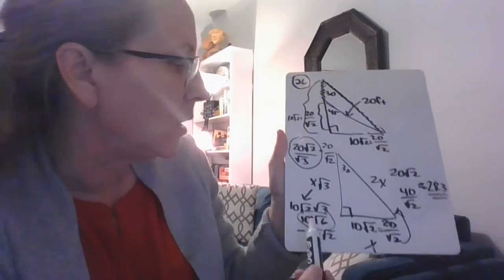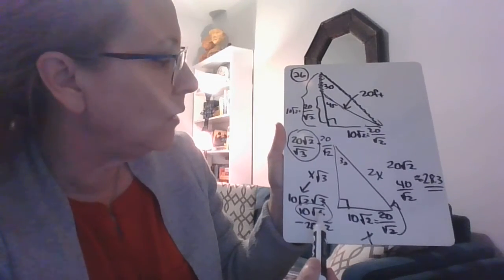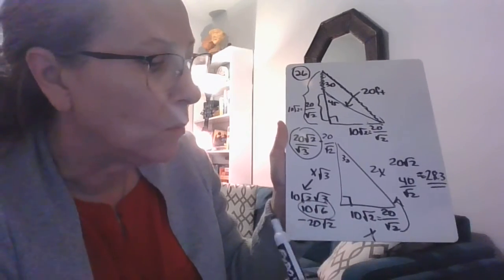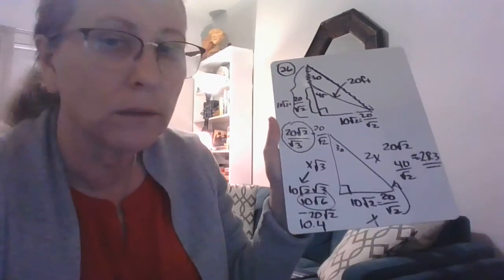That looks a little complicated there. The simplified version is better because it's 10 root 6 minus 10 root 2. Both would give you 10.4.